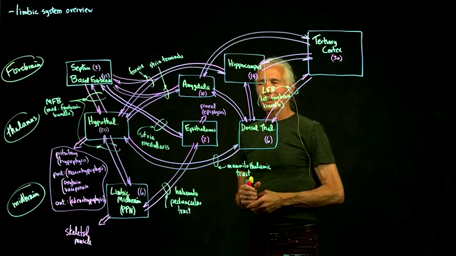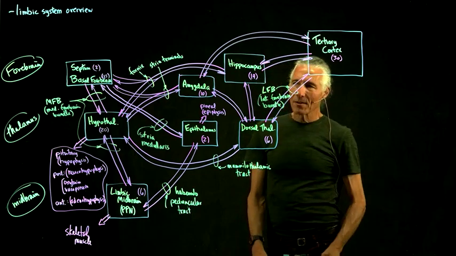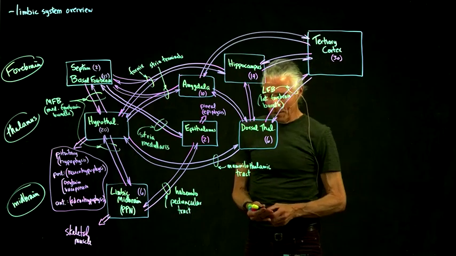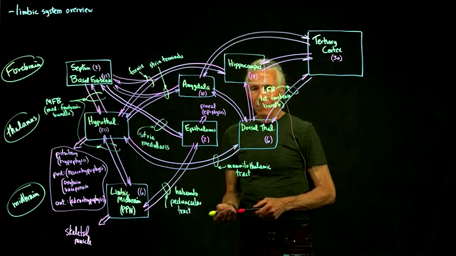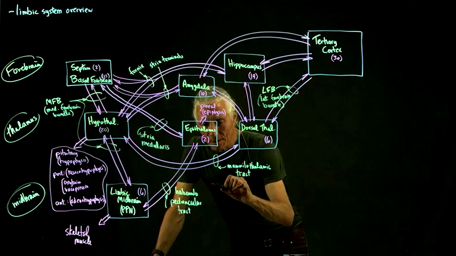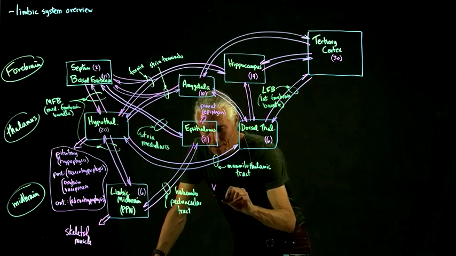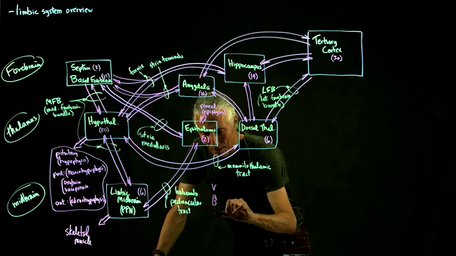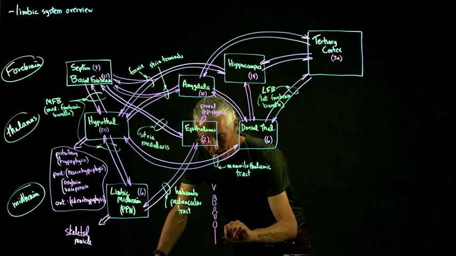Okay, so that's pretty much the connections there, but we haven't talked about two other modalities. The two other modalities are taste and smell. Remember, the visual system has the photoreceptors, and then there's a bipolar cell, and then there's a ganglion cell that goes in.